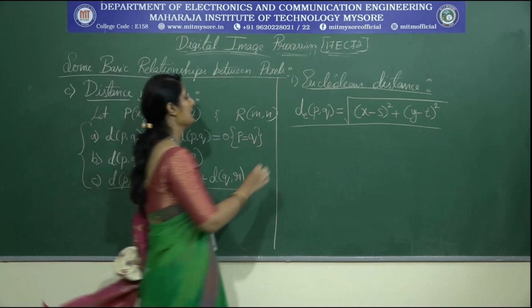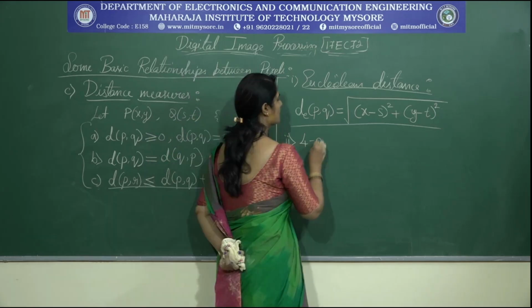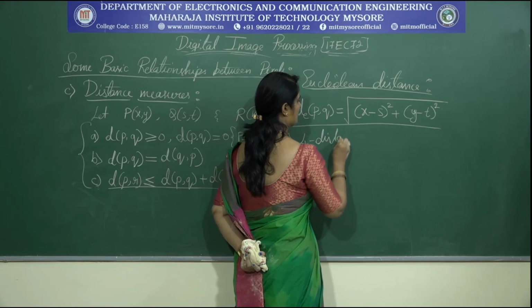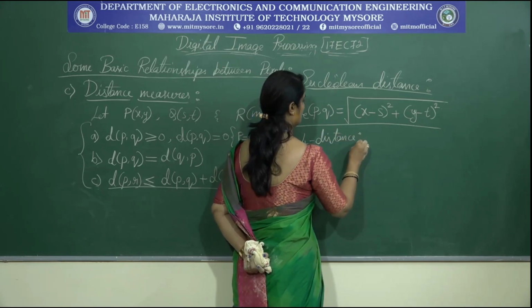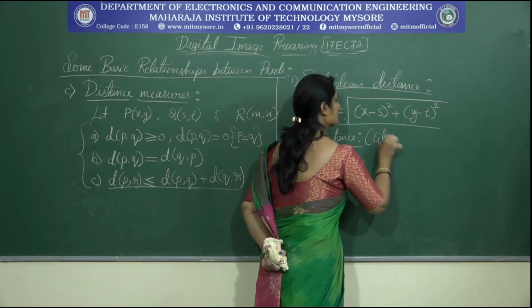Okay. So the next type is D4 distance, or this is also called city block distance.